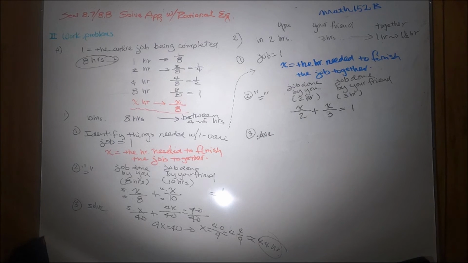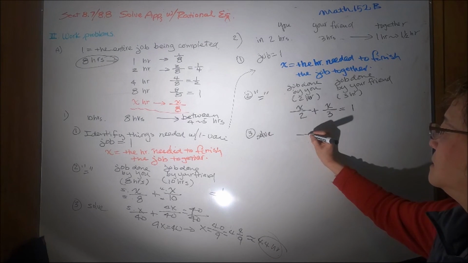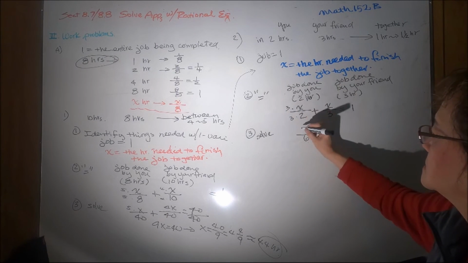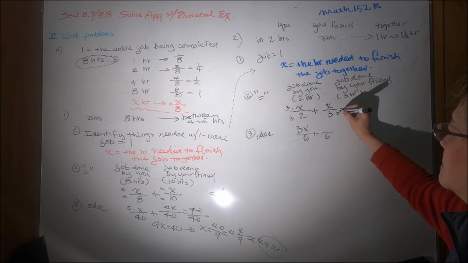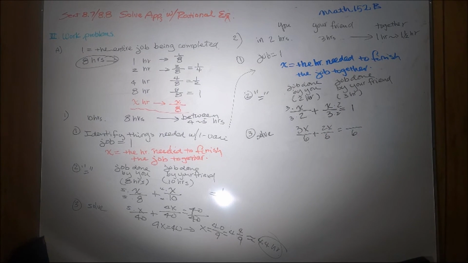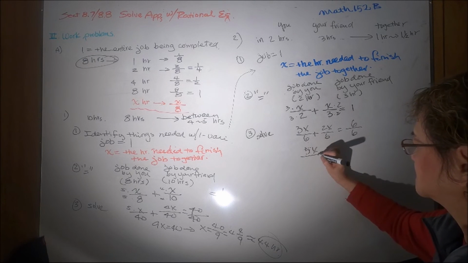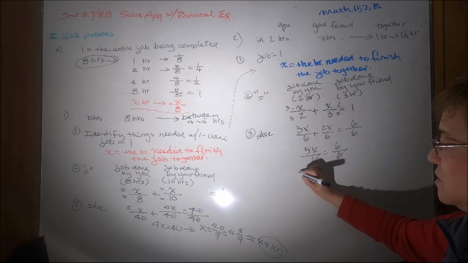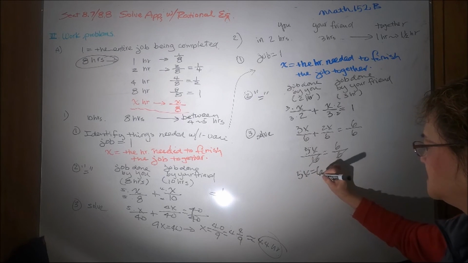Then you try to solve it, then make it the same denominator. So that's 3x times 2, 2x equals what? Use the LCD here, equals 6. So that would be 5x over 6, right? So what do you have? 5x equals 6.